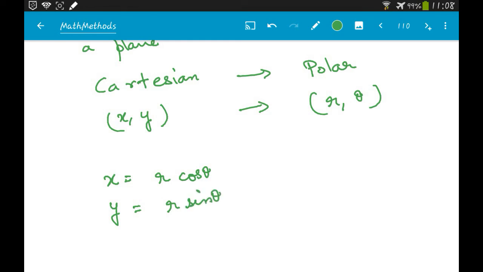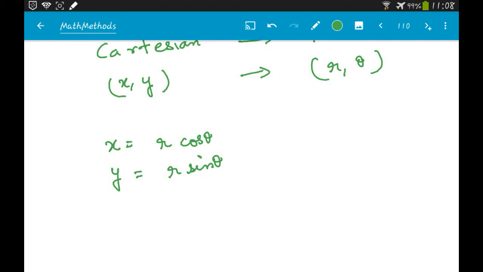Now if there is a small change in x, so x becomes dx, then you can take the differentiation for this one by one, once for r and once for theta. You will get dx equal to dr cos theta minus r sin theta d theta, right?